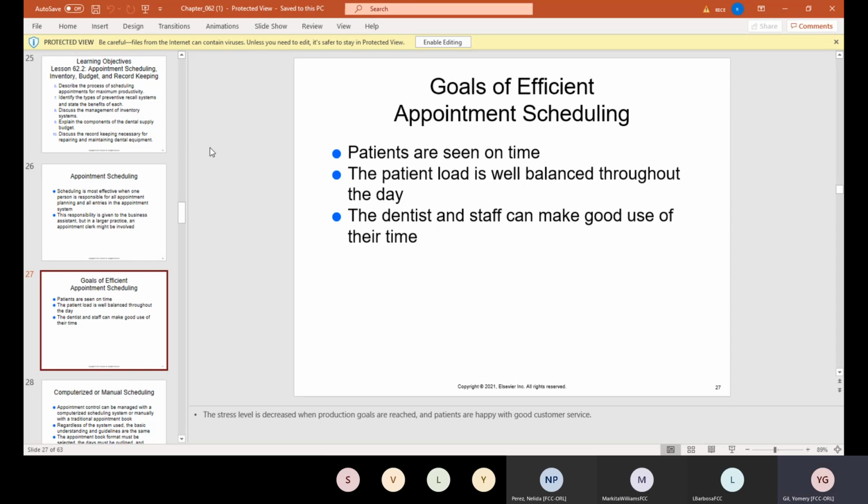The patient load is well balanced throughout the day. So you will come across doctors who want a certain type of template when patients are scheduled. For example, where I worked, the doctors would have 5 columns on their schedule.